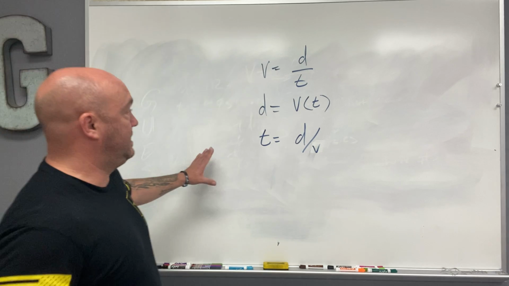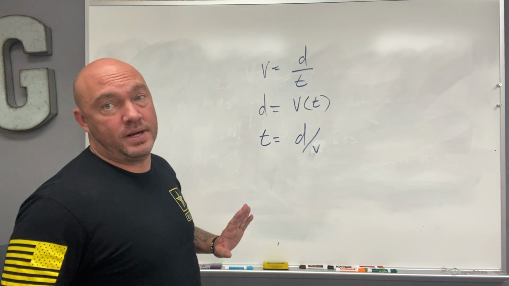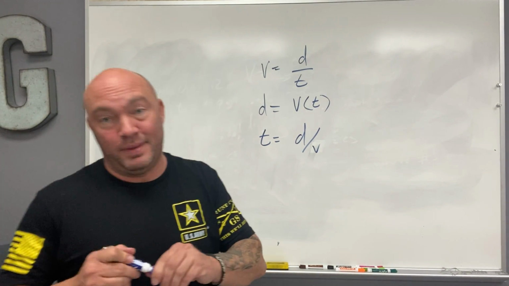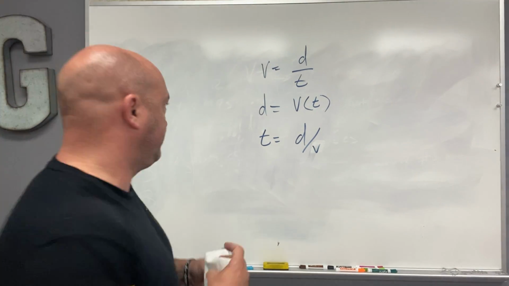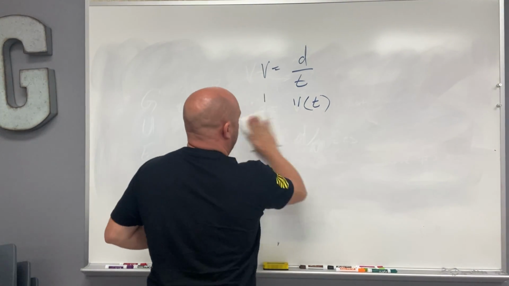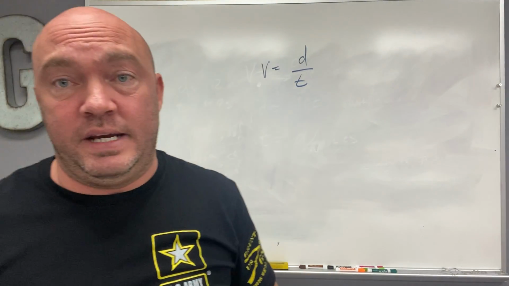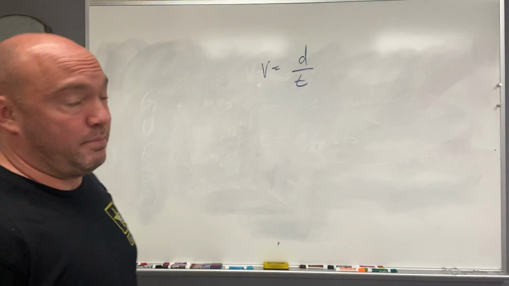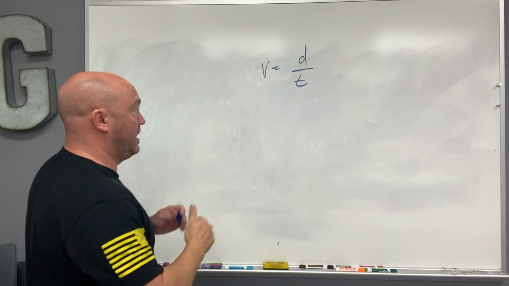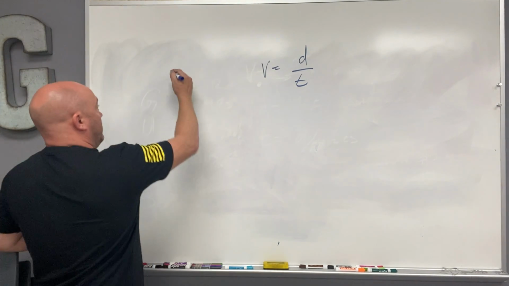If you would like to memorize these formulas, by all means, memorize them. I will not tell you not to, but I'm going to give you a way I do it. I memorize one formula, speed or velocity is equal to distance divided by time. And I'm going to use this tool to get us there.